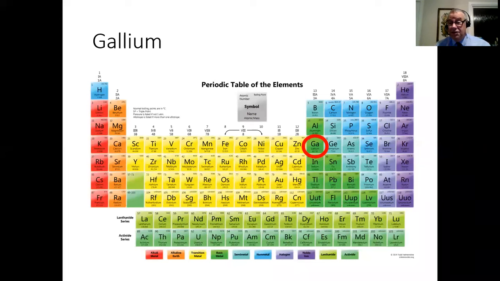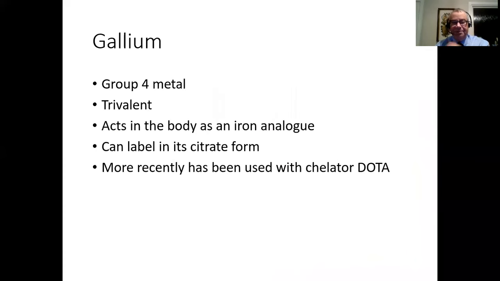There are disadvantages in that you have to buy a generator, but there are advantages in the fact that you're not dependent on the cyclotron and you can make product locally. So there are some centers around the world who concentrate primarily on gallium type PET because they have poor access to cyclotron-based radiopharmaceuticals like F18.